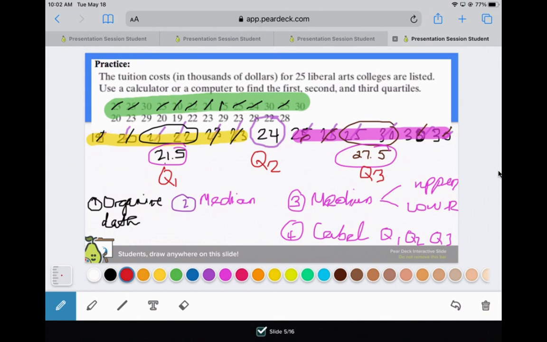Then for quartile 2, you can say about 50%, or half, of the liberal arts colleges, the tuition is about $24,000 or less. Q3 is saying about $27,500 per year or less. About 75% of the colleges charge that much.